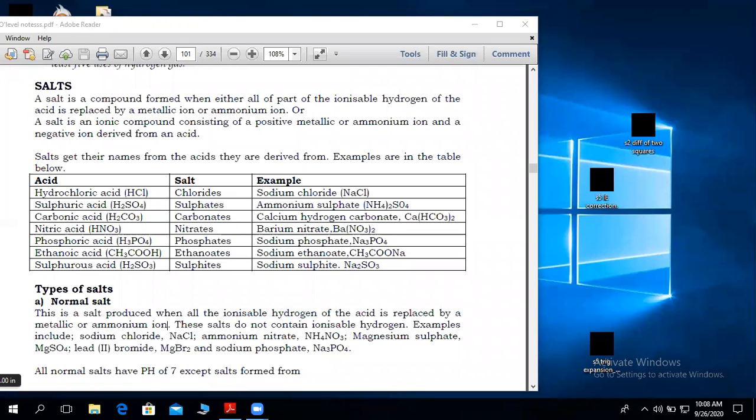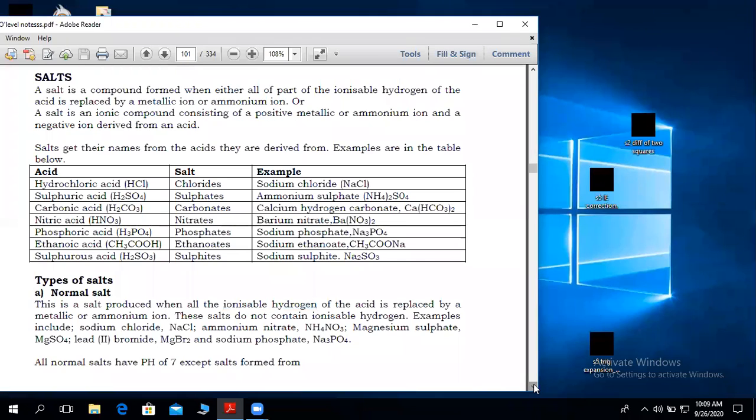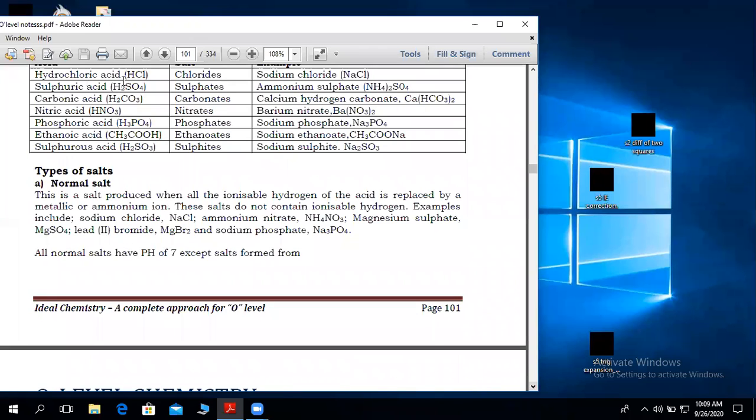Usually when we ask for the definition of normal salt, we continue to ask you for examples. And that shouldn't be a problem. You can put here sodium, it becomes sodium chloride. You can put magnesium, it becomes magnesium chloride. Here on nitric acid, you can put ammonium, it becomes ammonium nitrate. So all those are normal salts.